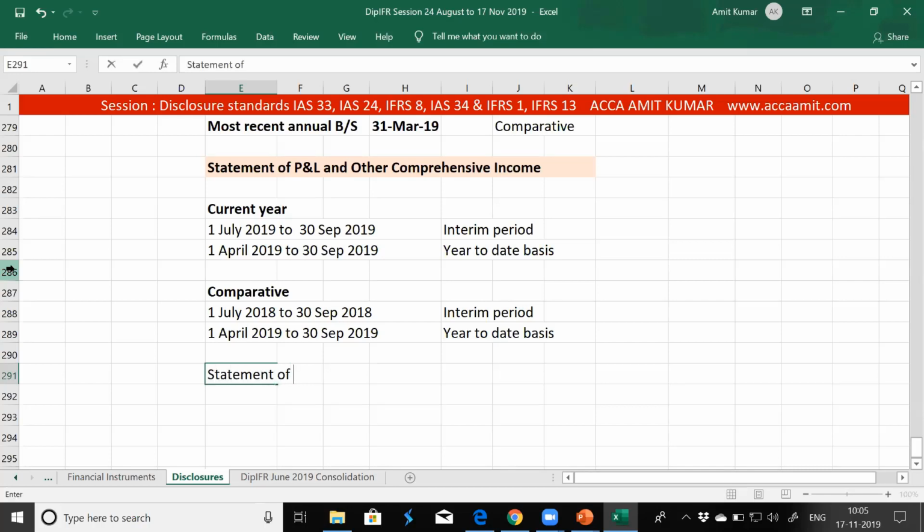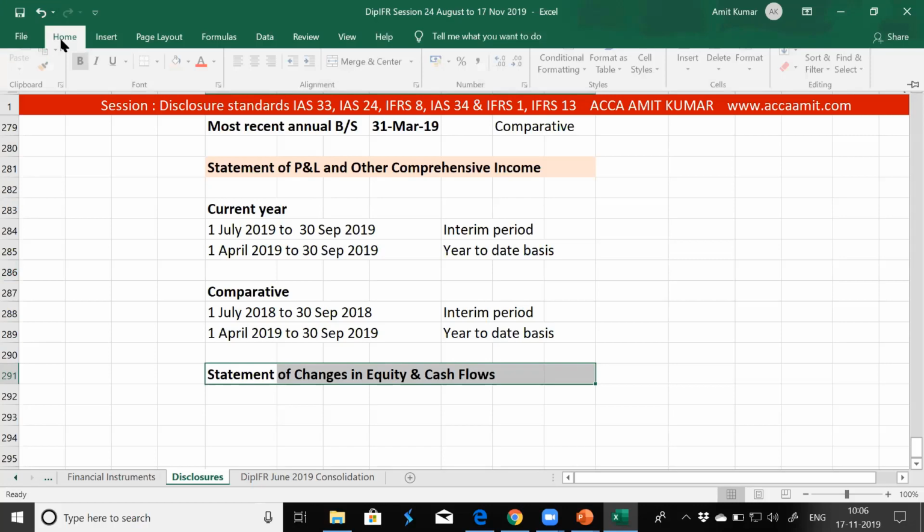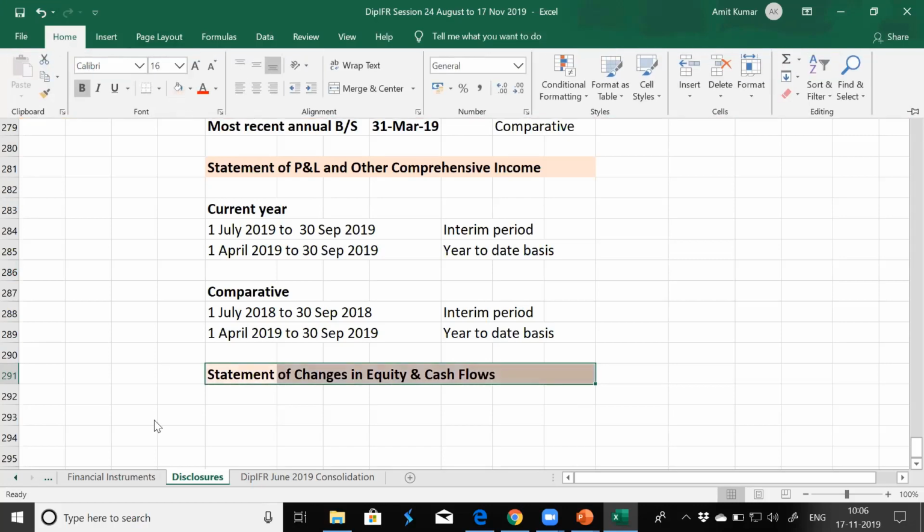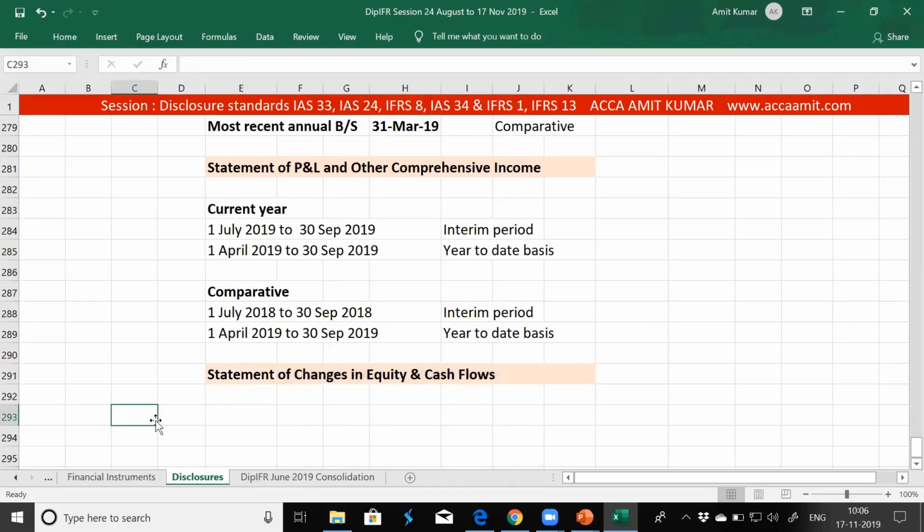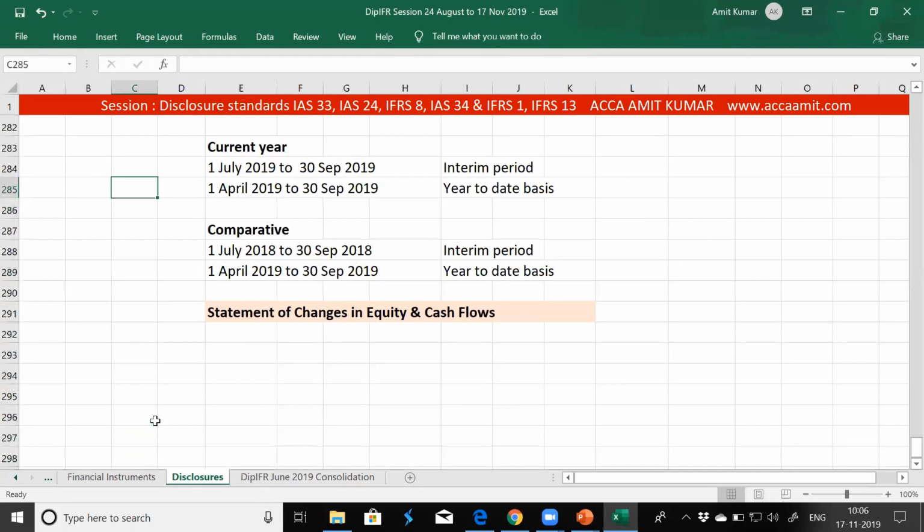Statement of changes in equity and cash flows. Now this doesn't have any relationship with the period, with the season, I mean. For changes in equity and cash flows, current year, comparative.